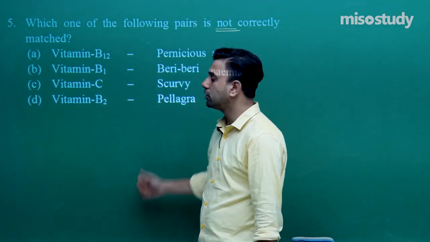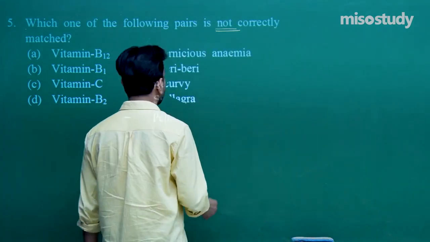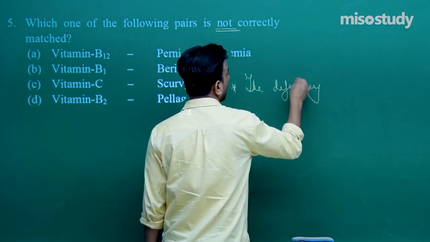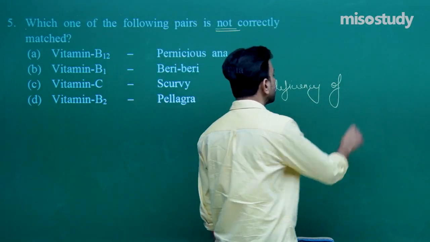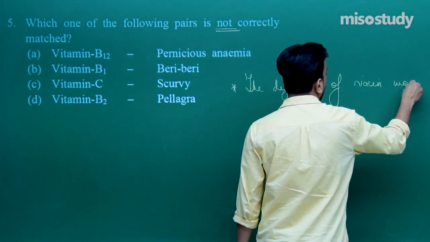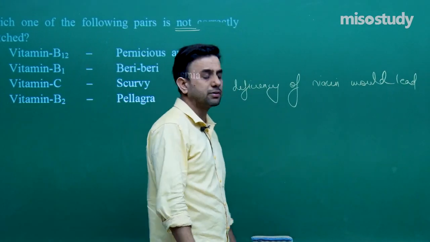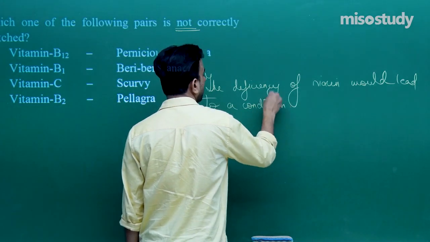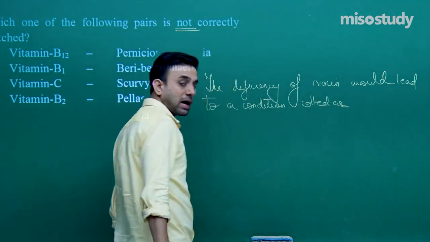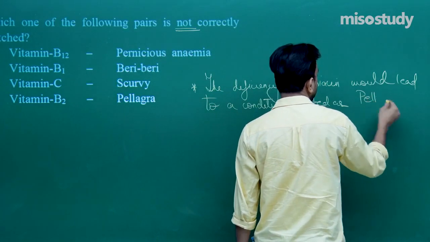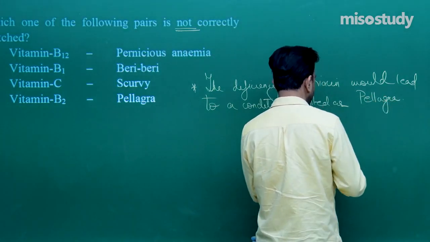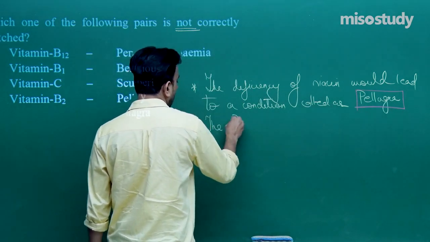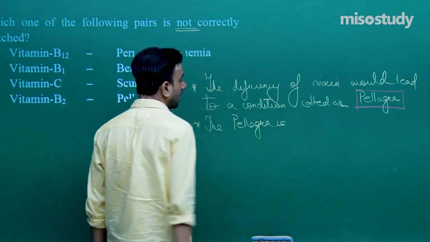So what we see here in vitamin B2 and pellagra, right: the deficiency of niacin would lead to a condition called pellagra.